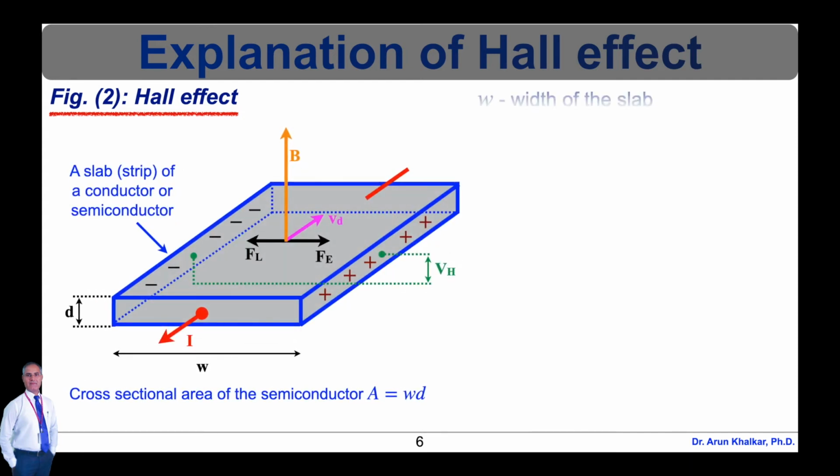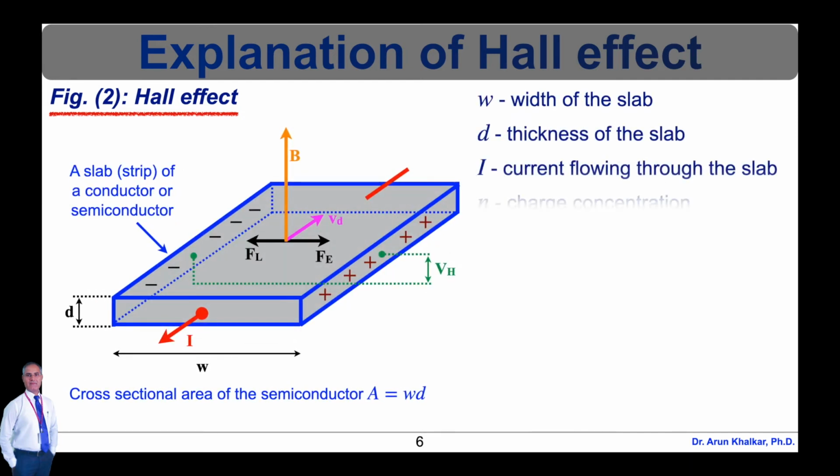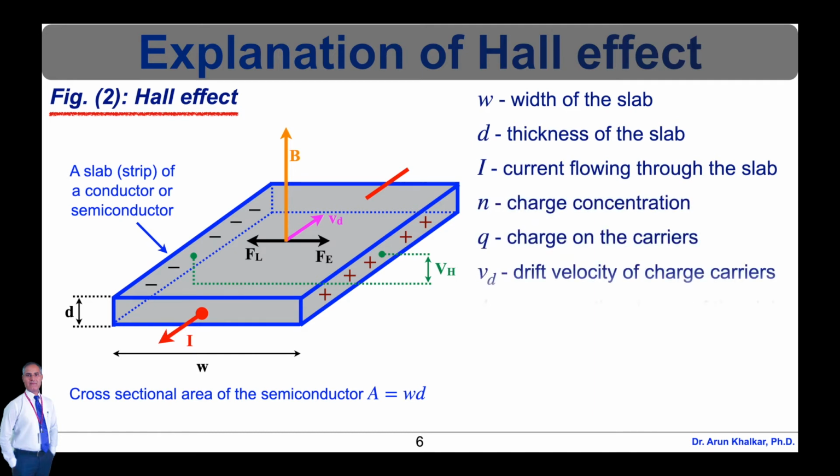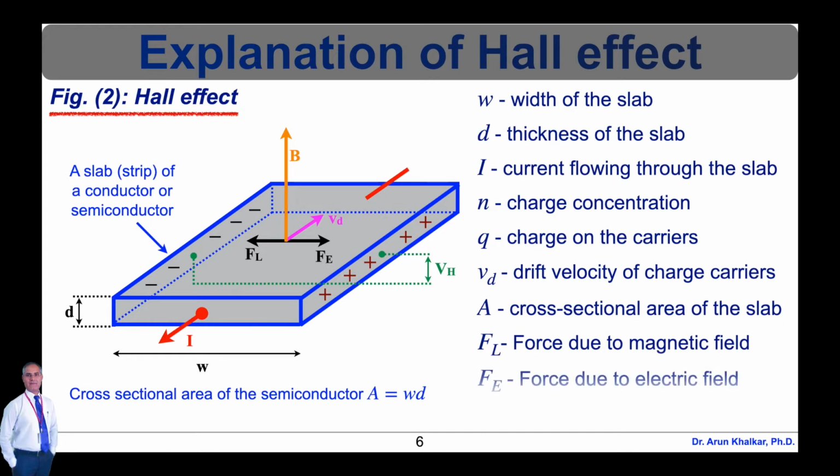In this figure, let's consider small w is the width of the slab, small d is the thickness of the slab, capital I is the current flowing through the slab, small n is the charge concentration, small q is the charge on the carriers, small v subscript small d is the drift velocity of charge carriers, capital A is the cross-sectional area of the slab, capital F subscript capital L is the force due to the magnetic field, capital F subscript capital E is the force due to the electric field, and capital V subscript capital H is nothing but the Hall voltage.